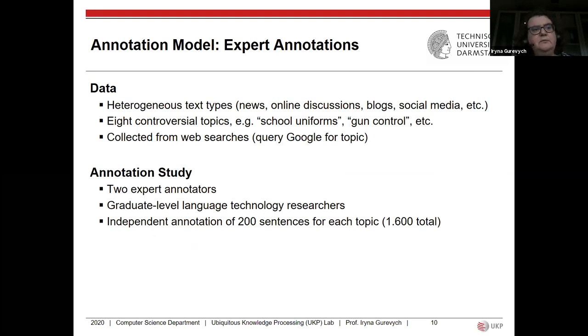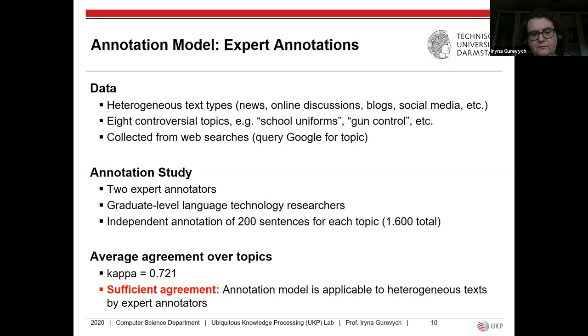And in our initial annotation study, we employ 2 expert annotators who are graduate level NLP assistants, and they independently annotate 200 sentences for each topic. The average agreement over topics is 0.7 in terms of the kappa statistic, which indicates a sufficient agreement and which indicates that our annotation model is applicable to heterogeneous texts by expert annotators.